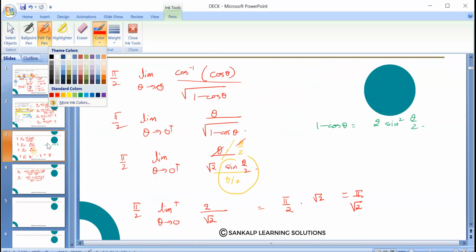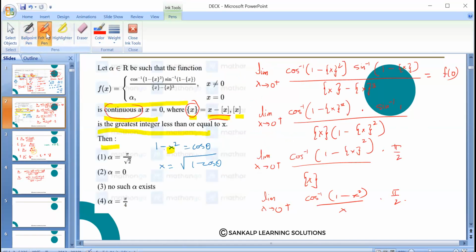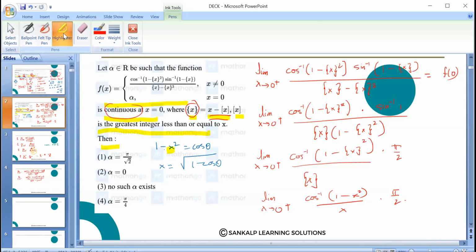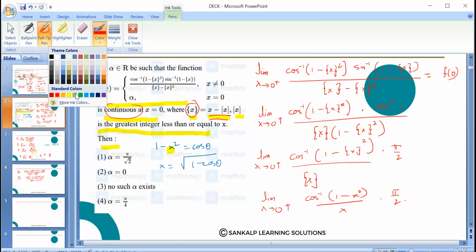So when you are doing the right limit, when you are taking the right limit, actually what is happening?